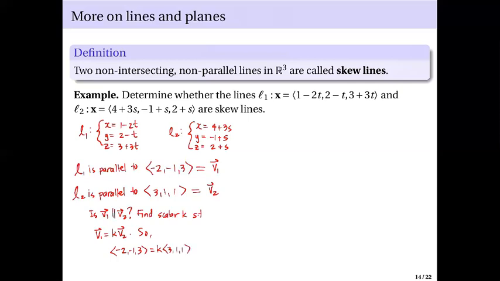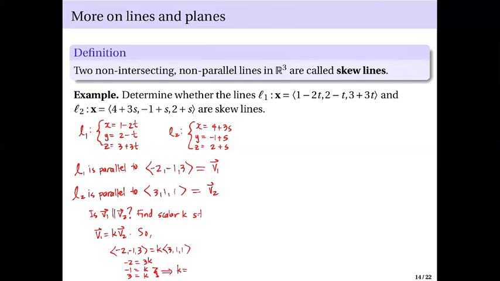Or that we have negative 2 equals 3K, negative 1 equals K, 3 equals K. And this guy here implies some contradiction. Okay, so this cannot happen.